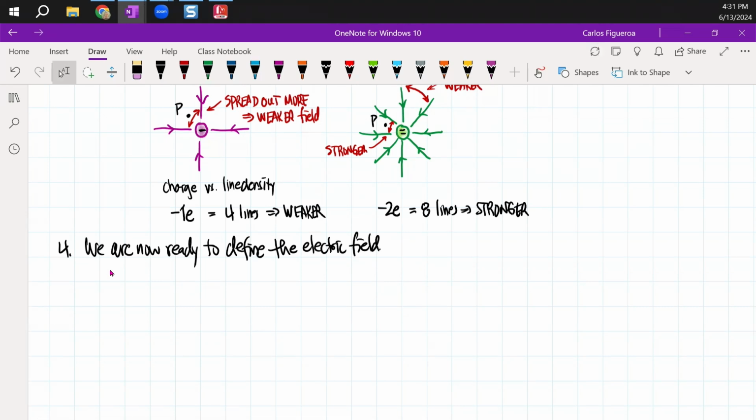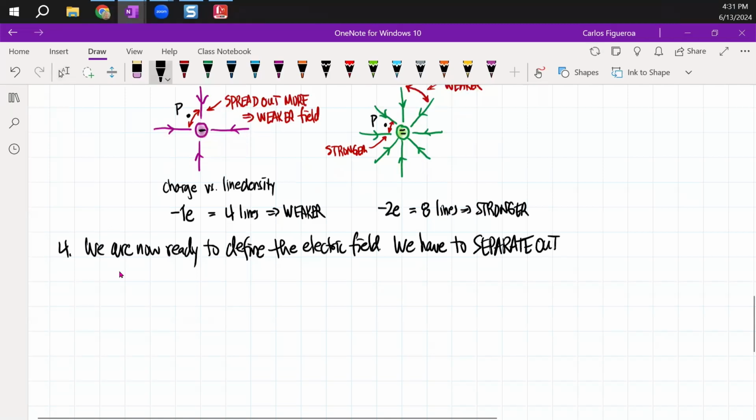So what we're going to have to do is that we have to separate out the two charges that are interacting.